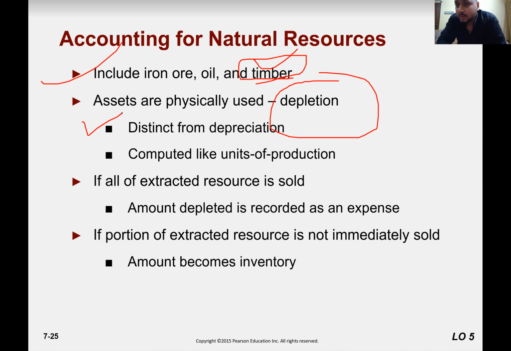So the unsold material that you take out from your natural resources will become your inventory. So only small differences here. The rest of the stuff is the same, because depletion is accounted for just like depreciation.